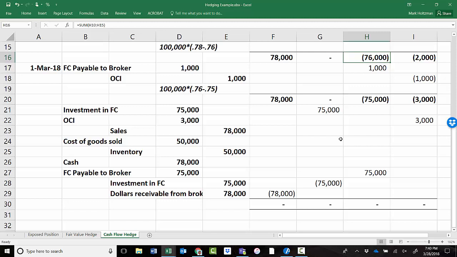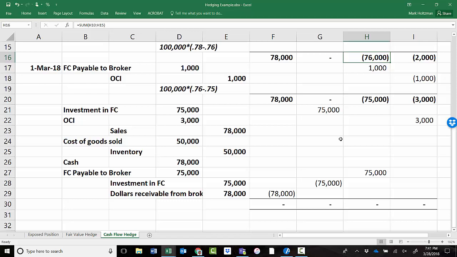We just don't want these things flying all over and changing in value by a lot of money. We don't want to record gains and losses on our income statement when they fluctuate. We want everything to be really solid. Therefore, we enter into a fair value hedge, and everything is solidified. It's like one transaction. Now, the cash flow hedge is we use OCI instead of the offsetting gains and losses.